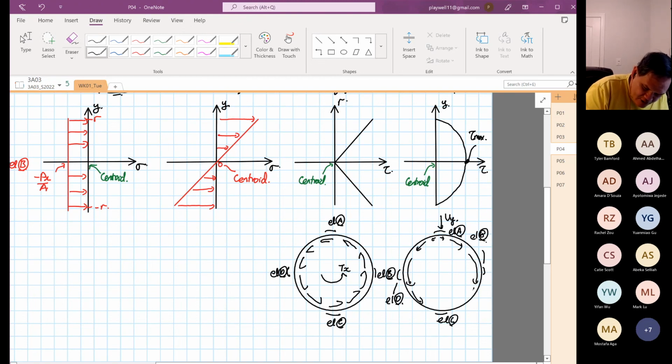Don't worry about this, you will learn later on. Now, at element B and element D is where the shear flow arrow is, so what I'm drawing down here is what we call Q.